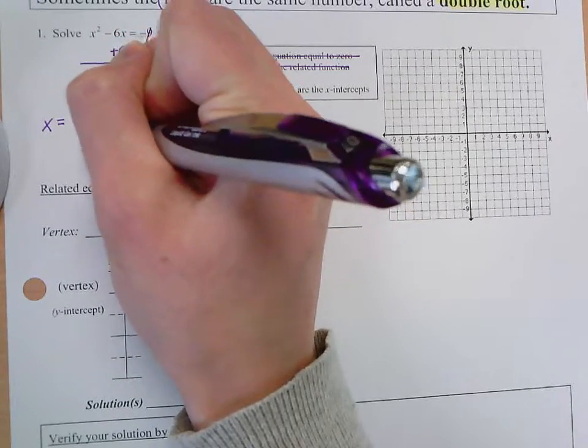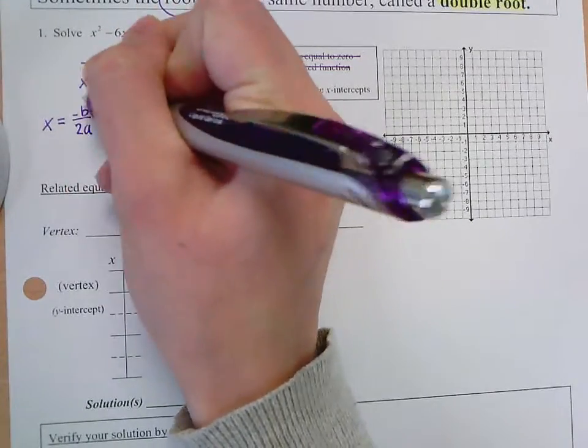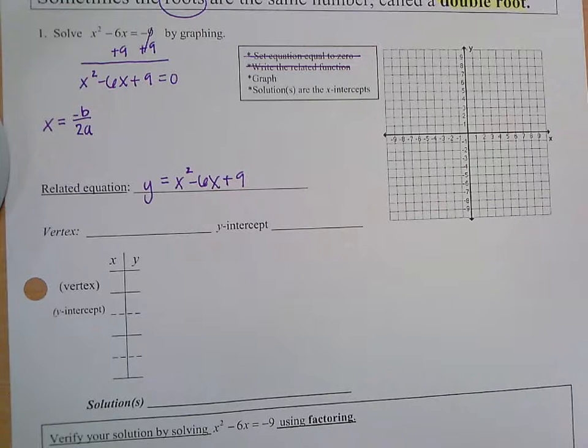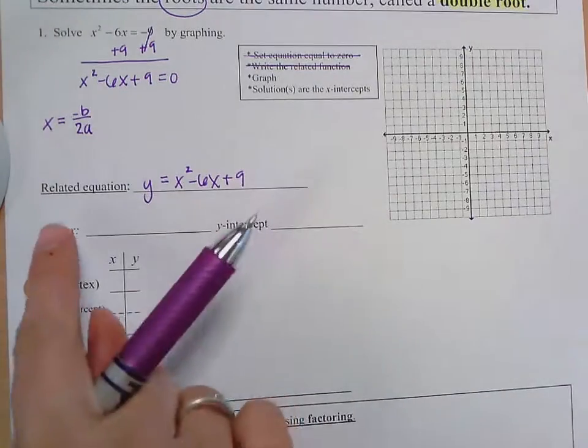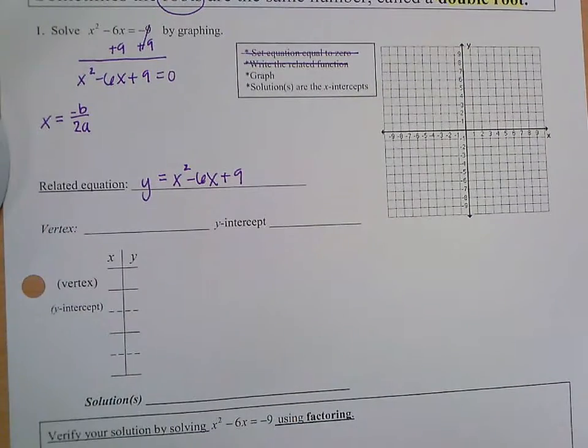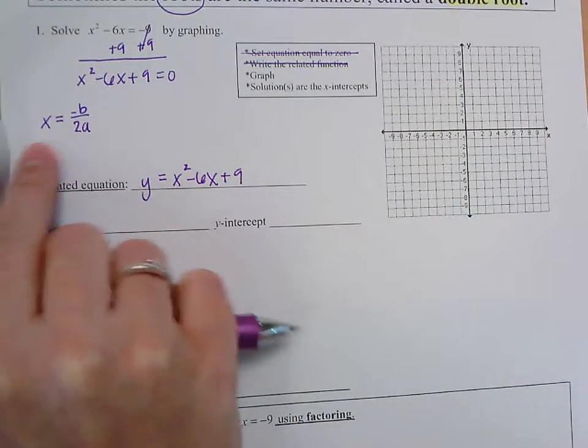And what is this the x value for? The x value of what point specifically? It is typed on your sheet what the point is called. The x value of the vertex. Vertex, x value of the vertex. And this is the formula for it, okay?